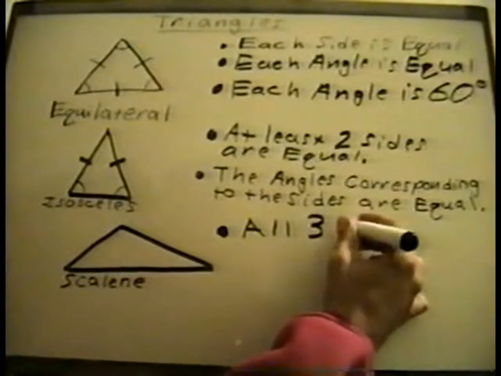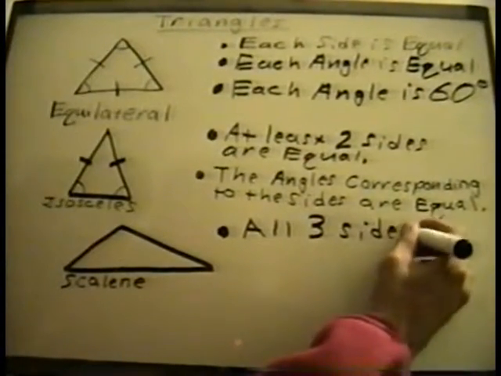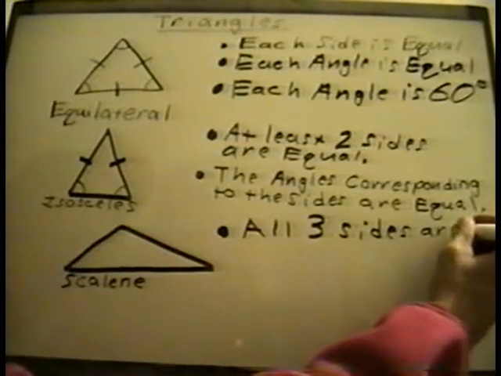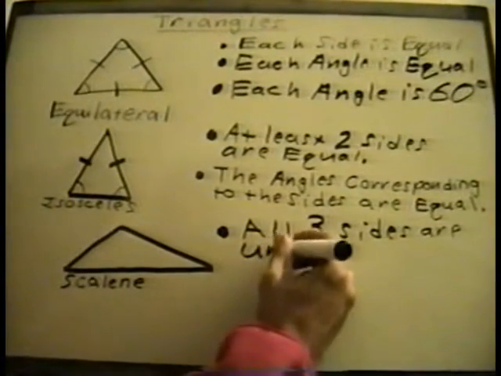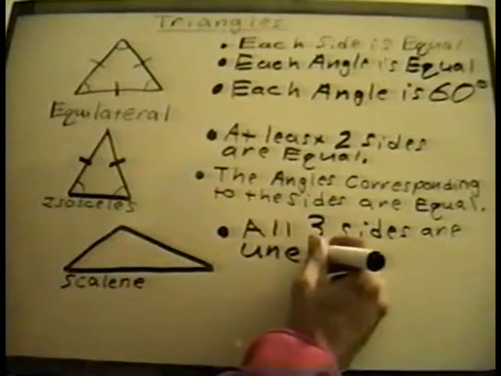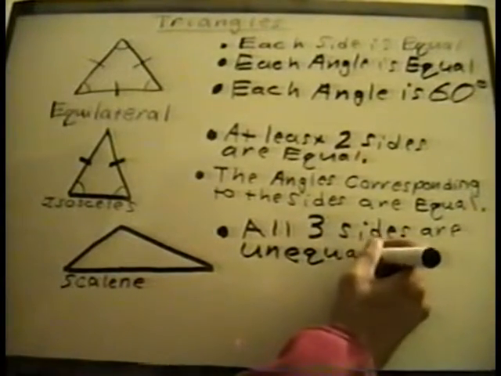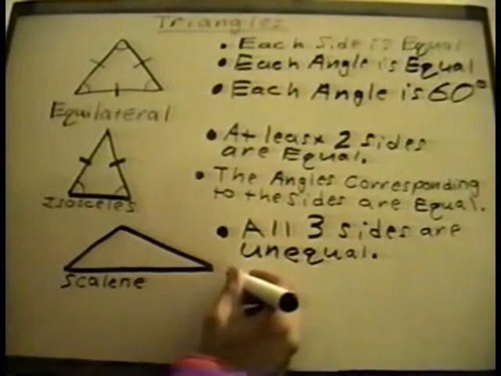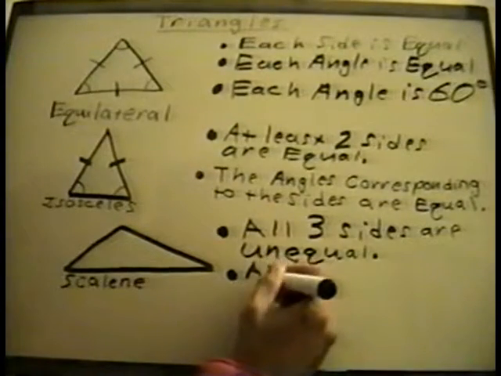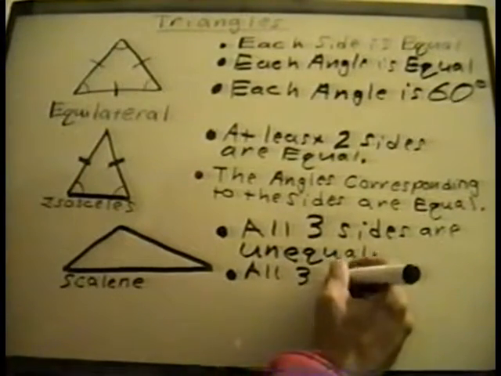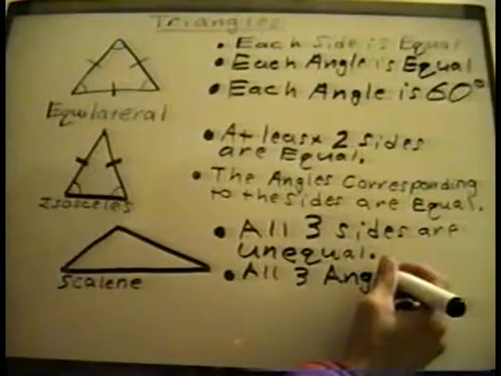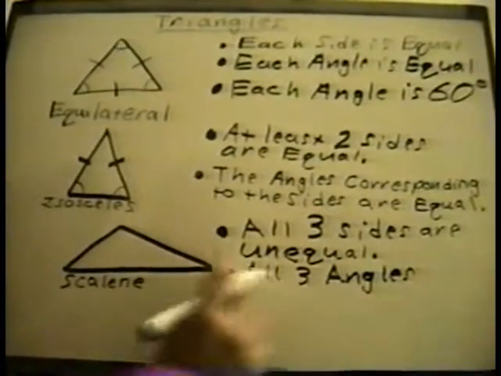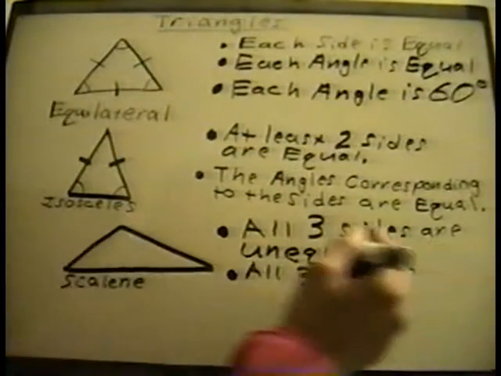So all three sides are unequal. And likewise, the angles that open up to them are also unequal.